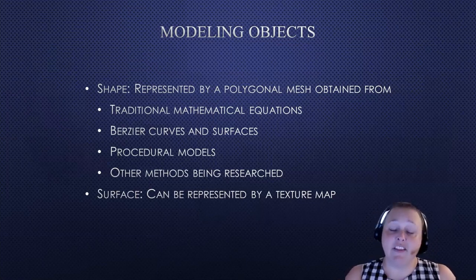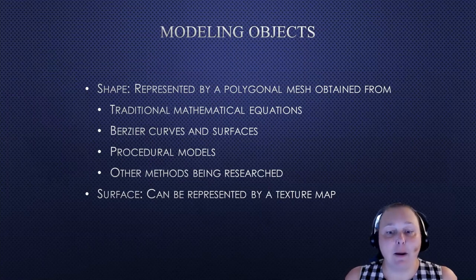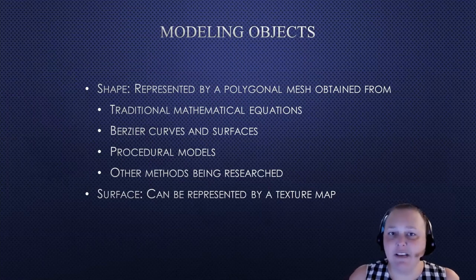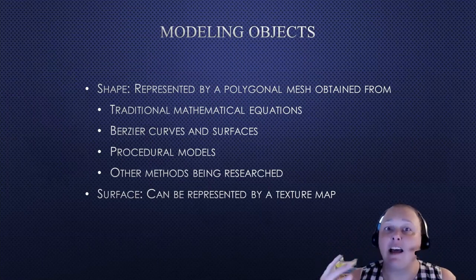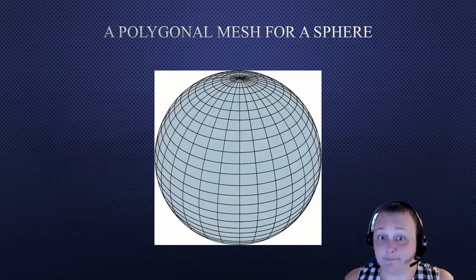Surface, on the other hand, can be represented by a texture map, and you're going to take that shape from that 2D into that 3D. So your surface is what is going to allow that mesh to become uniform and to kind of have that look like there's actually a planar surface on there.